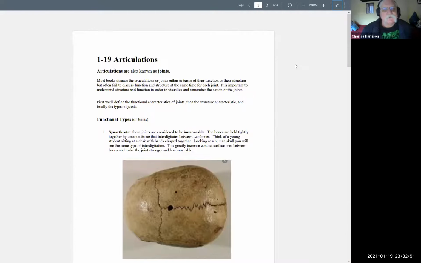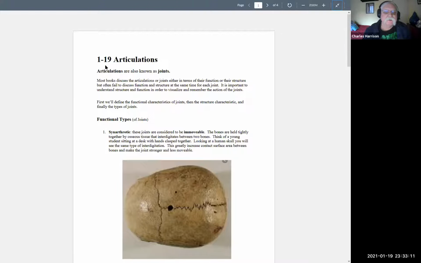The second part of this short lecture is on articulations, otherwise known as joints. Okay. We all have plenty of joints, and depending upon how they're put together, they get different names.